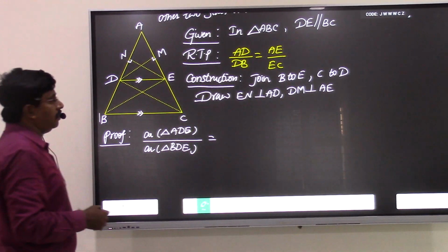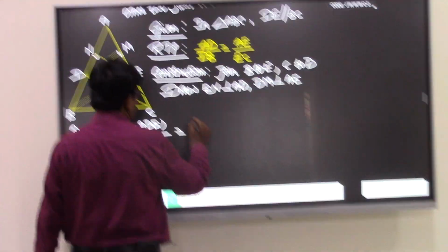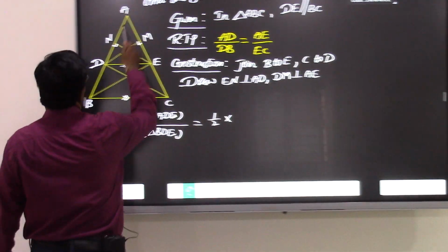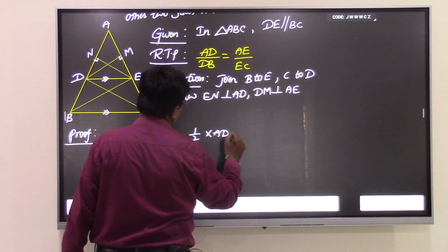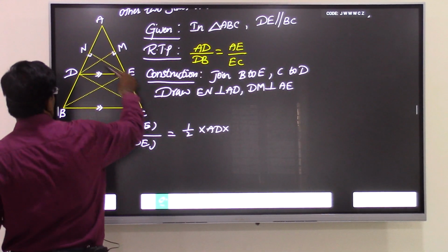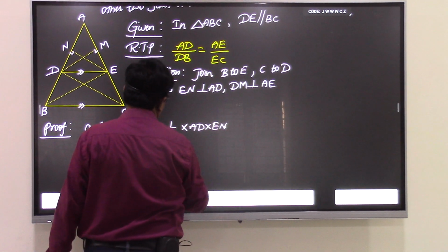We know that the area of a triangle formula is half into base into height. So in this triangle ADE, I am taking AD as the base, half into AD into height. Height is EN. Half into AD into EN by.